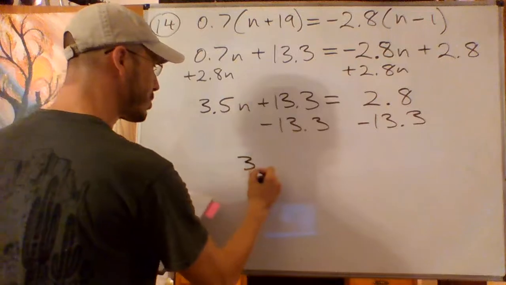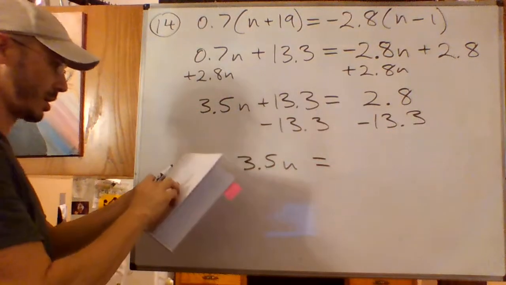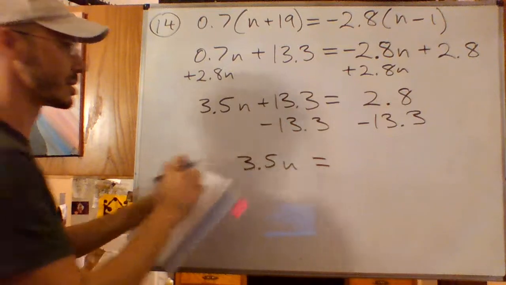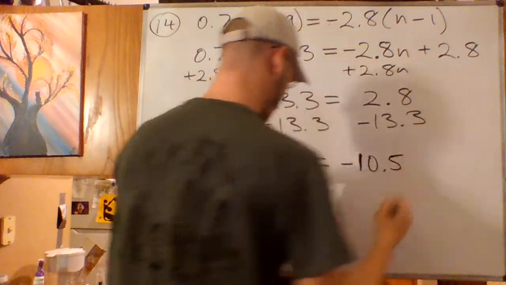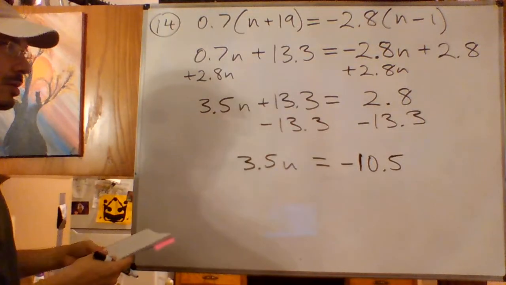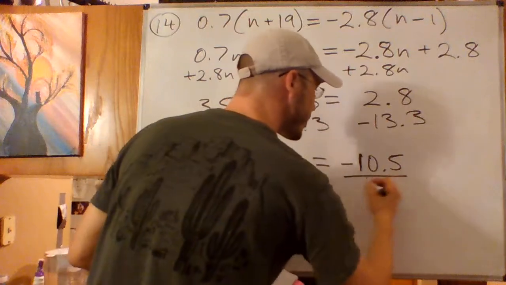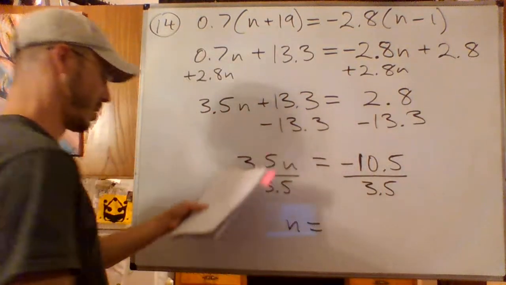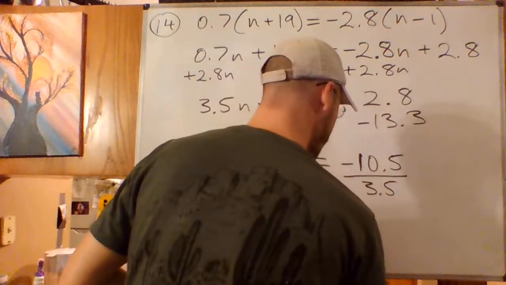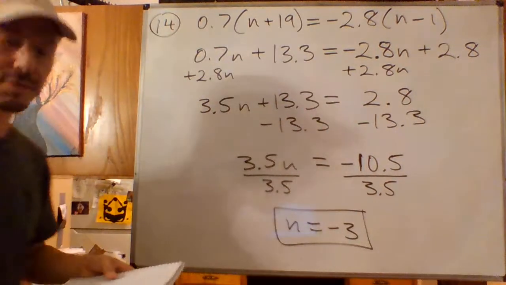To get 3.5n equals, I used a calculator for that one too, that's negative 10.5. And then finally, I need to divide both sides by 3.5. So n equals, that comes out to exactly negative 3.